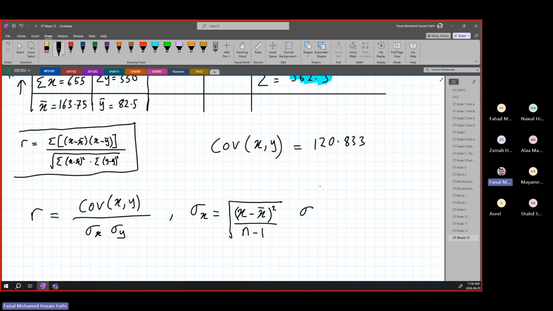And sigma y is the exact same equation. It's just the standard deviation equation that we used before. The square root comes from the fact that the inside part is the variance, and if we want to find standard deviation from variance, we just take the square root. So this is going to be y minus y bar squared over n minus 1. This is how you would find the correlation for such an equation.